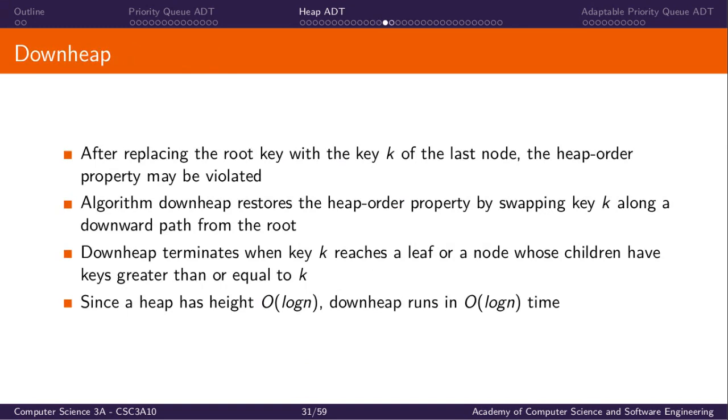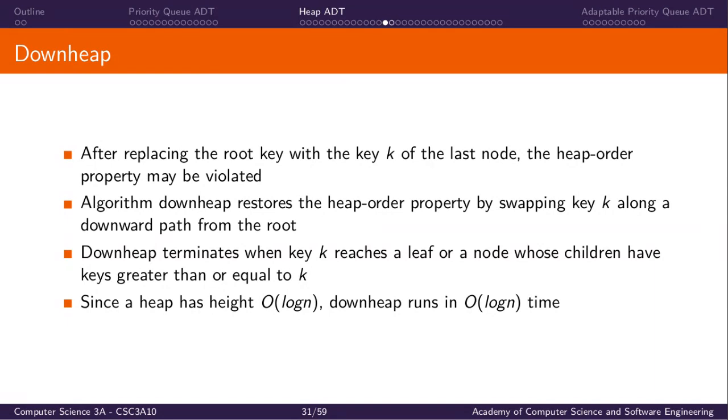How do we do that? It's now a new method called a down heap. After replacing that root key with the key that was in the last node, we have to make sure that the heap order property is preserved. The down heap does exactly that. We go down the children of that root, comparing, and we'll stop when both children of the current node have keys greater than or equal to it, because then the heap order property is preserved, or we get to a leaf, which has no children.